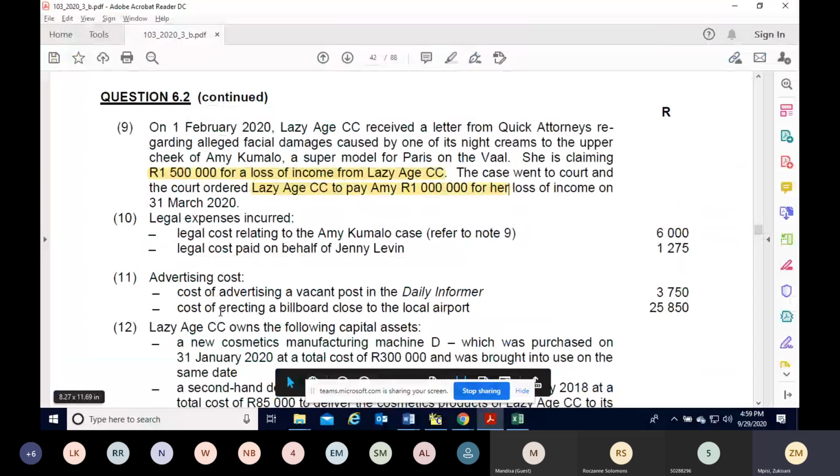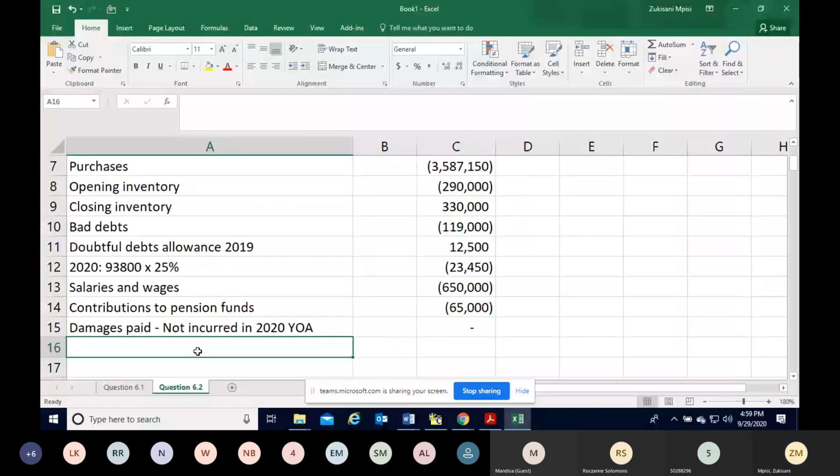Legal expenses relating to the Emi Kumalo case. So legal costs, Emi case. What happens there? Is it deductible, non-deductible?